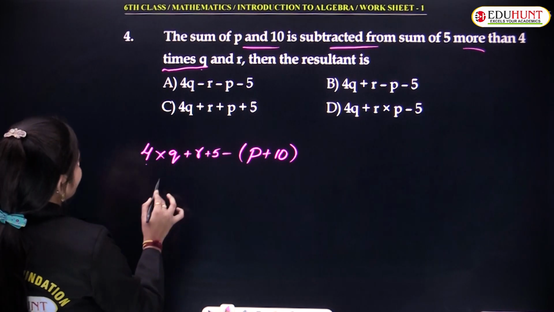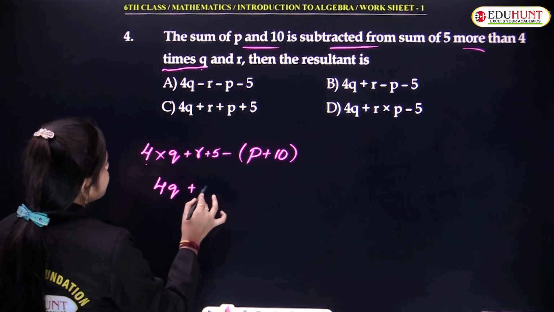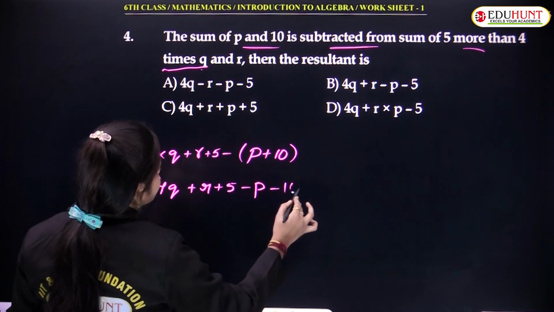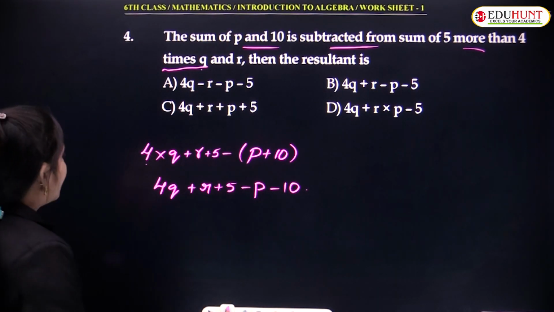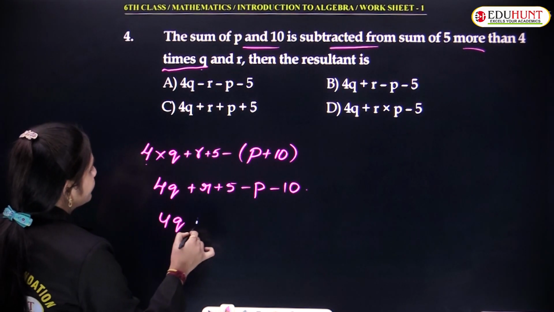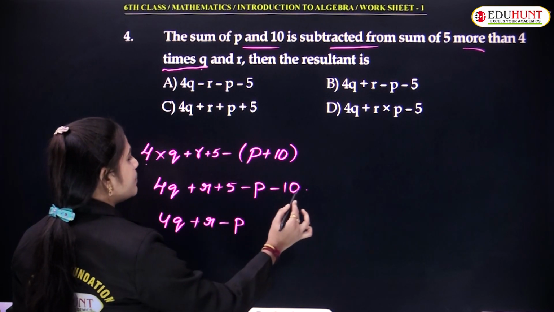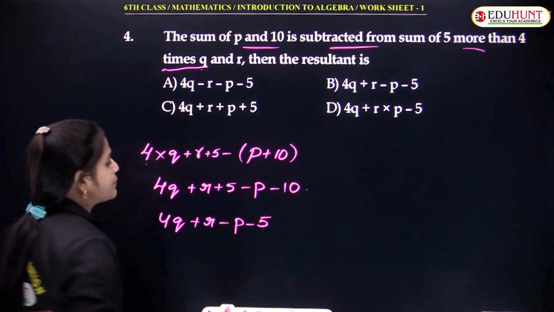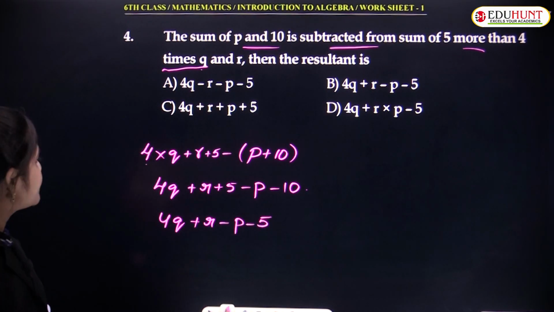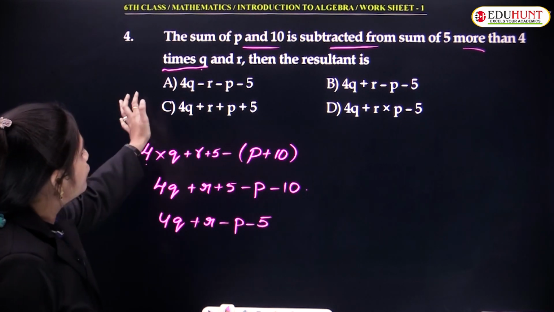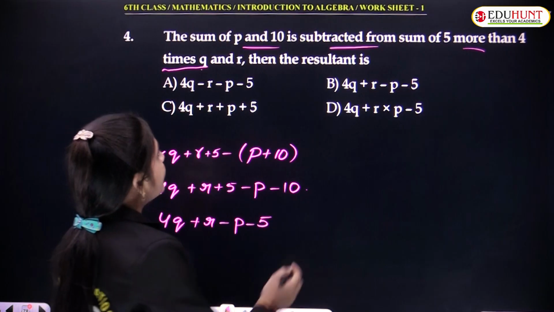Now here 4Q plus R plus 5 minus P minus 10. As per this, 4Q plus R minus P, and here plus 5 minus 10, which is equal to minus 5. Understand? As per this, which option is correct? 4Q plus R minus P minus 5.